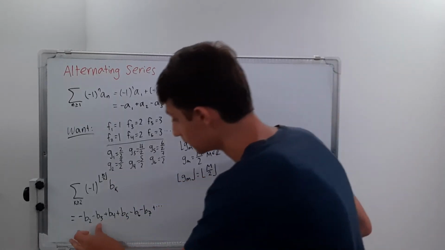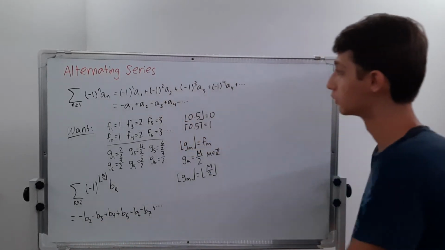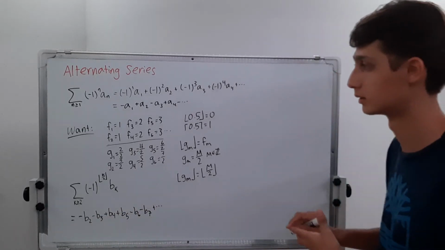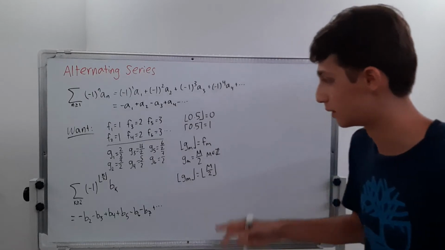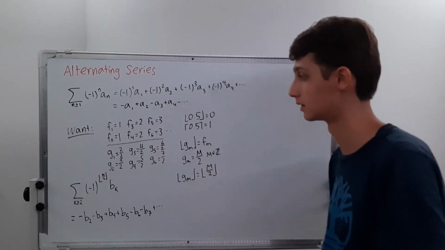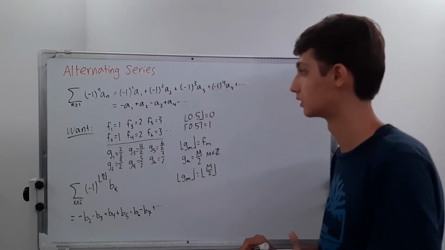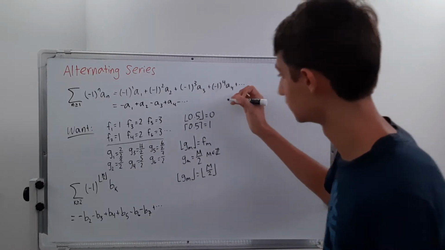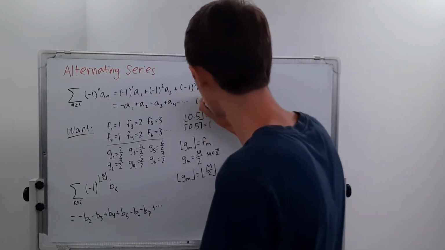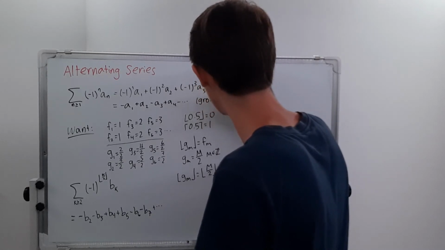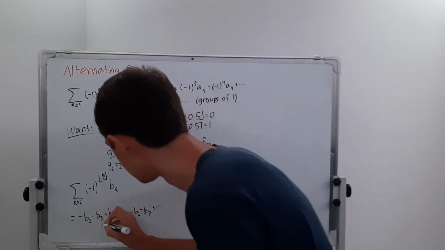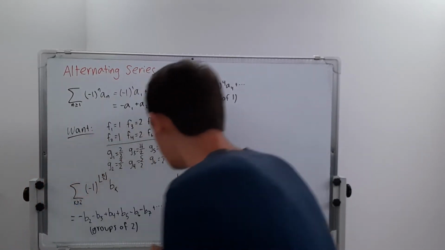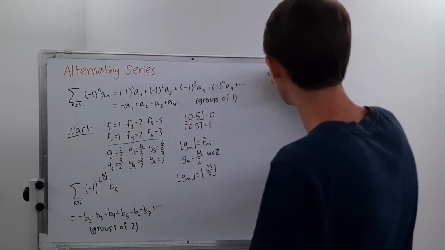If we're looking for groups of 2, up here we have groups of 1. Down here we have groups of 2. So what if we had groups of, I guess we already used m, n, and k, what if we had groups of some other thing? Let's say groups of z.